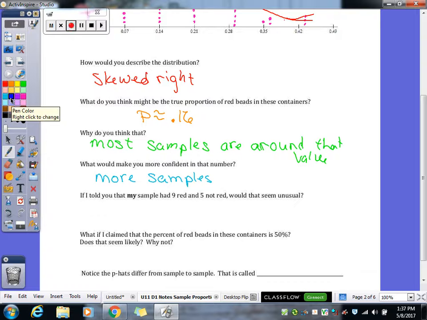So if I told you that my sample had 9 red and 5 not red, would that seem unusual? Let's first figure out what my p-hat score would be for 9 red out of 14 beads. What would we have? Divide that out for me. 0.64. Would that seem unusual? Yes. Why?